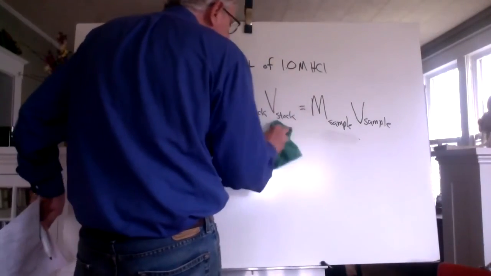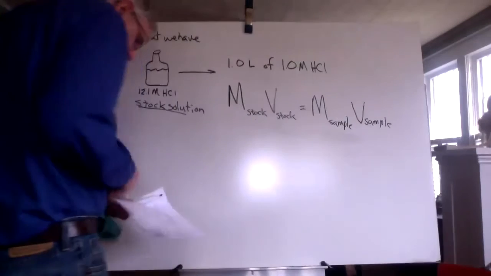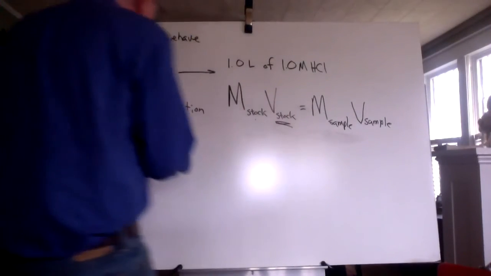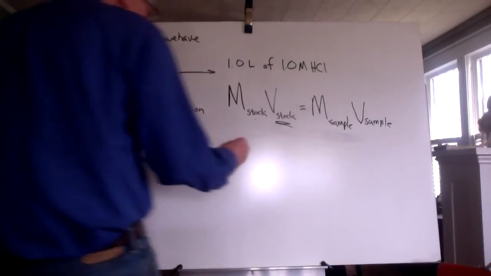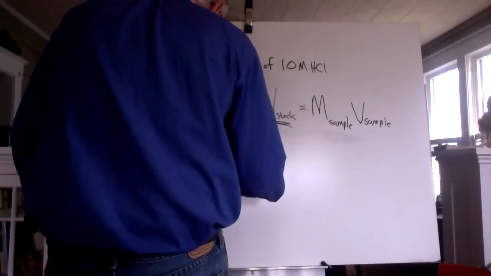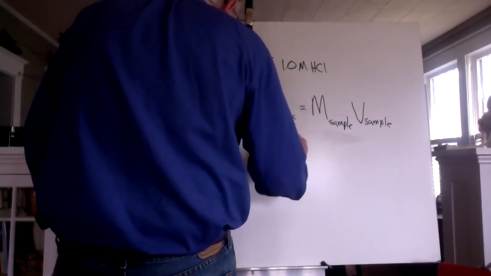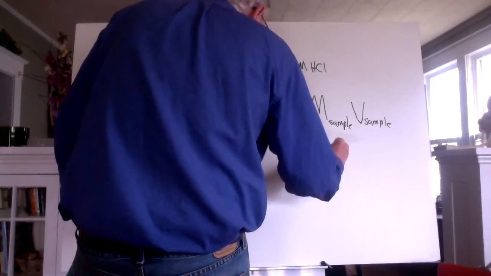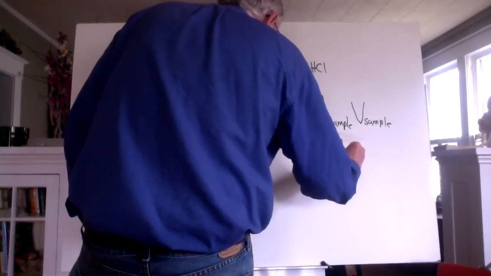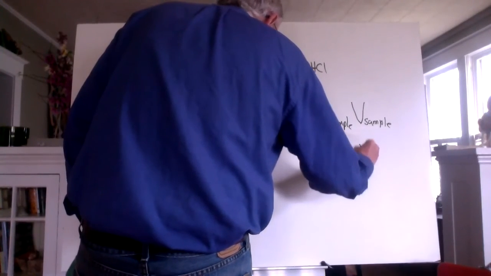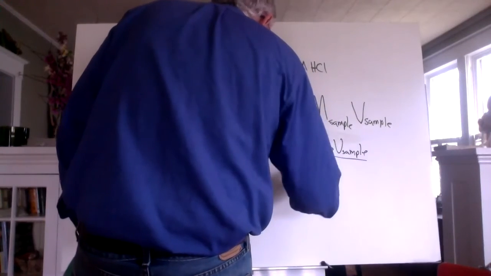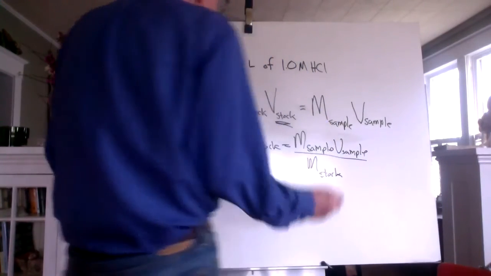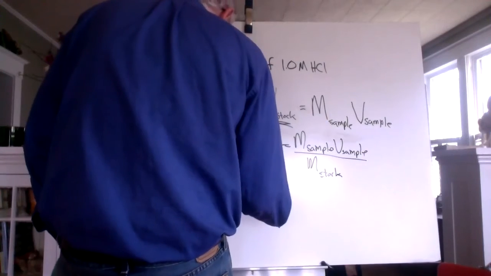Now it's just a matter of rearranging this equation. We're asked what volume of that HCl solution is going to be required, so we solve for that. The volume of the stock is going to be equal to the molarity of the sample times the volume of the sample, divided by the molarity of the stock solution. And so now it's just plug and chug.